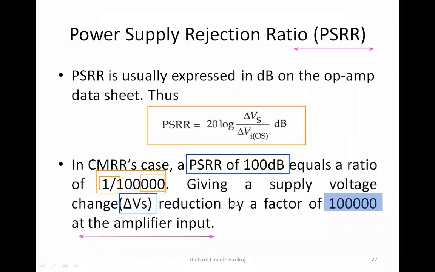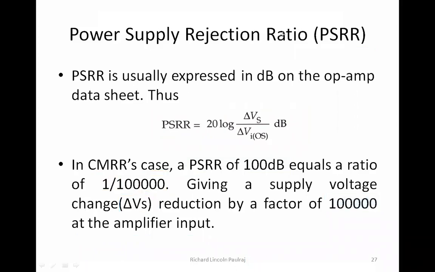So ultimately your electronic device is saved, increasing the lifespan and usability of your device. So power supply rejection ratio is one such important thing, which can help us determine the system's reliability.